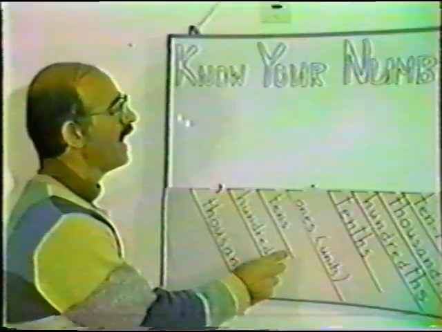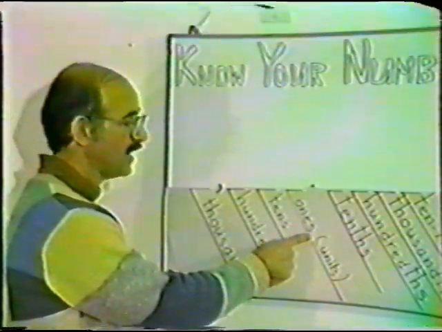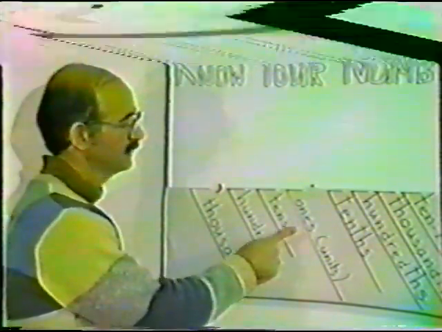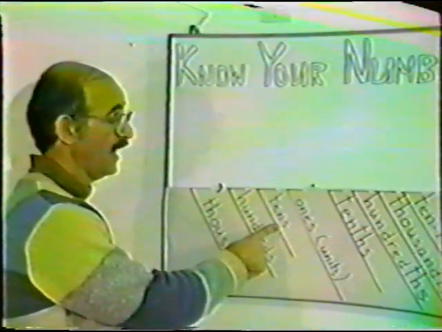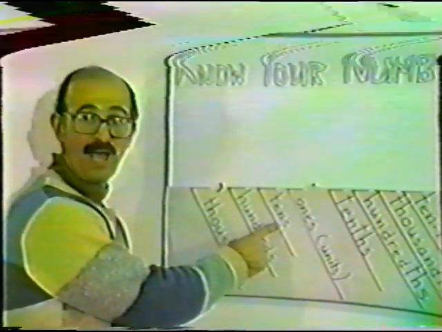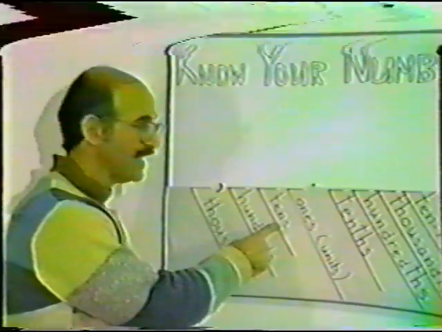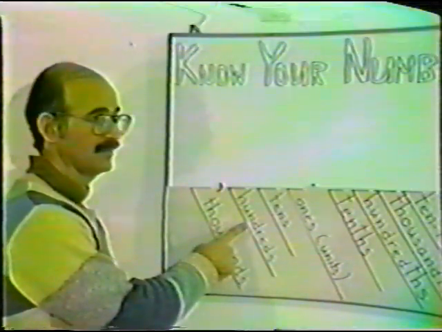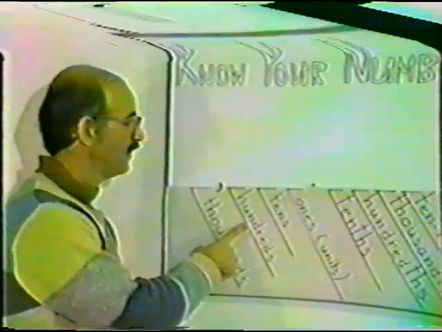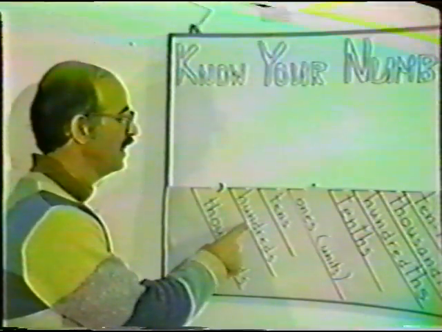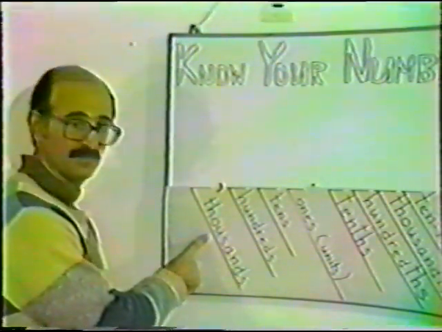Now, what do we have if we have 10 ones? Tens. And what do we have if we have 10 tens? 100. And what do we have if we have 10 hundreds? 1,000.